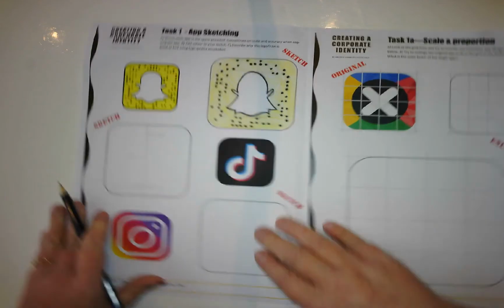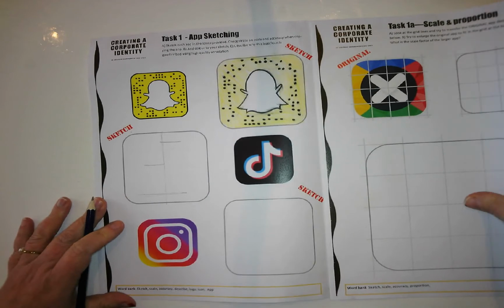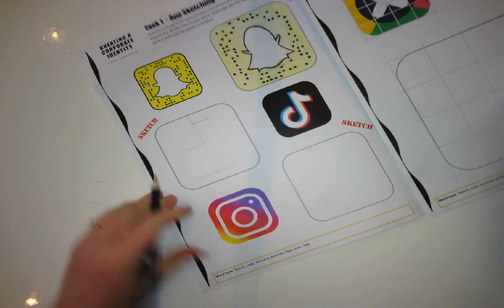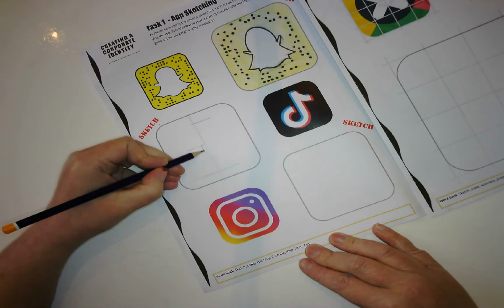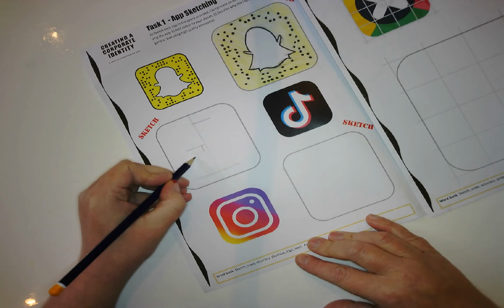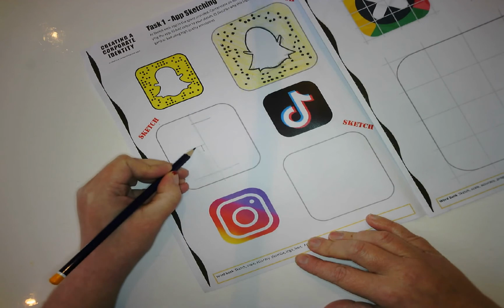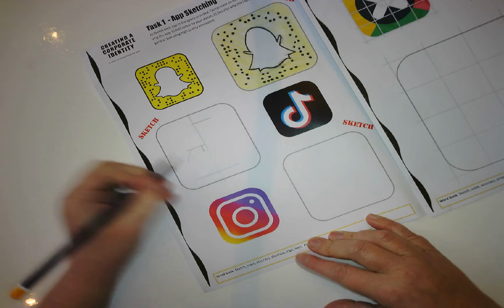So what I'm going to do now then is, well, it's not even a D, whatever the logo is, so it starts probably about there and comes round here, and I'll follow that shape around, trying to get that kind of curve.